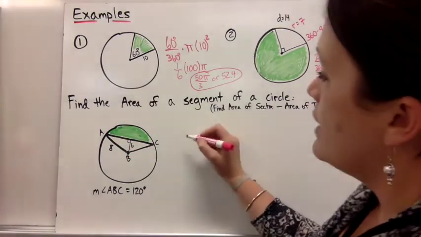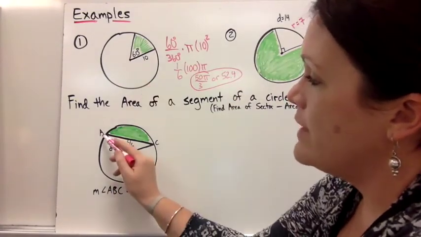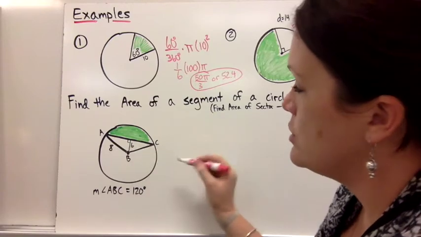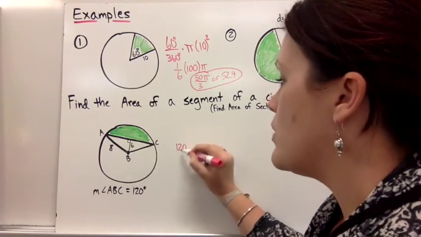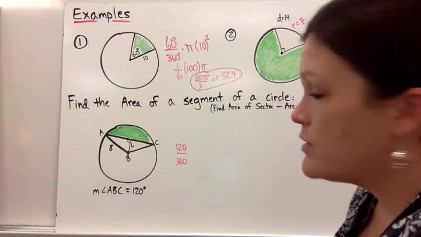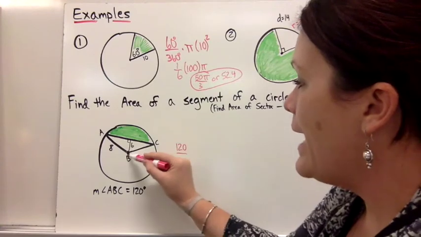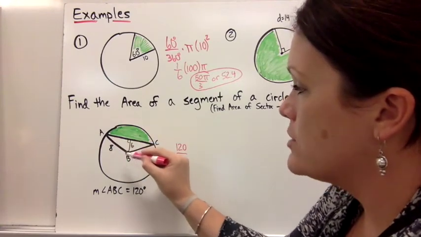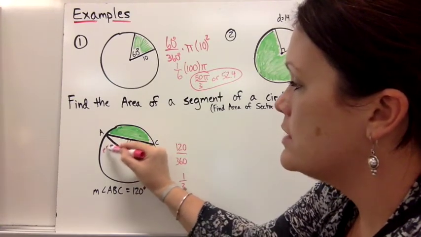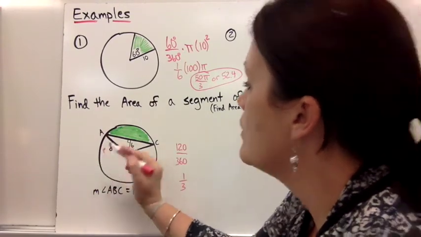To find the area of the sector, we do the same thing we've done here. They told us the measure of angle ABC is 120. So 120 over 360, or you might see that that's 1/3 of my circle. So I would put that. And my radius was equal to 8. Let me write that a little better.